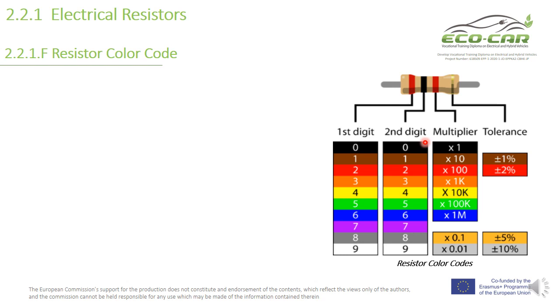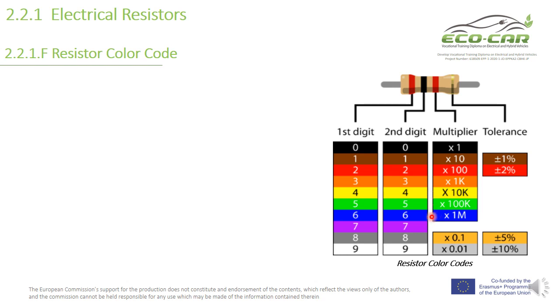We here have the third band or third color, which is the number of zeros after these two digits, or the multiplier. So these colors mean multiplied by 1, multiplied by 10, multiplied by 100, 1000, and so on.